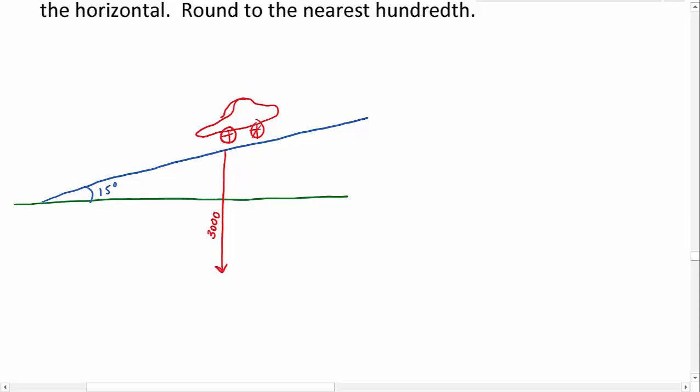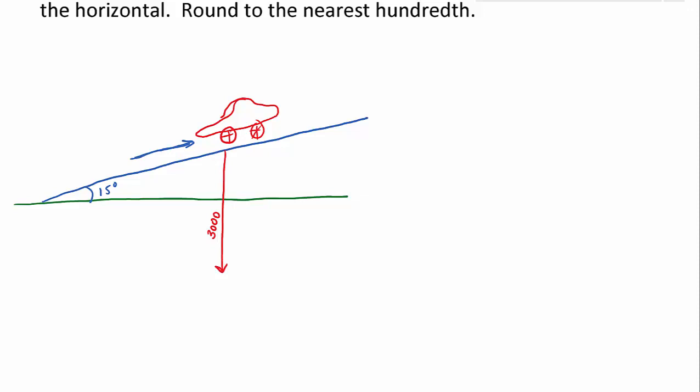And we're looking to find the force required to keep this car parked on the hill. Now, if you've ever pushed something up a hill or tried to keep it, you typically get down low when you push, and that's because you're trying to get your force to be parallel with the incline that you're on. So the force that we're looking for is a vector that is parallel to our incline.